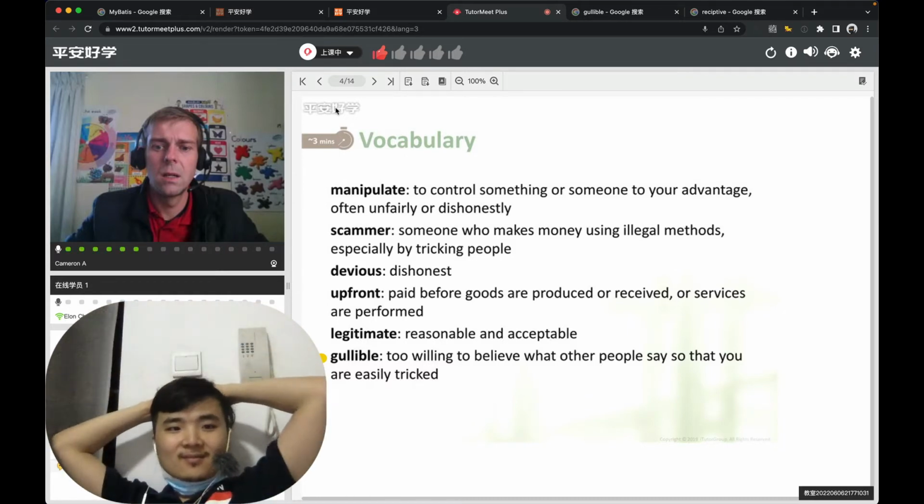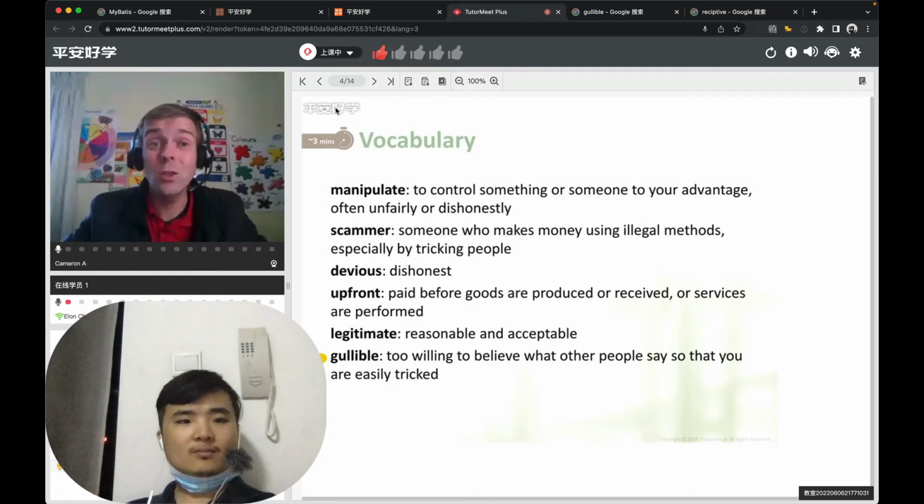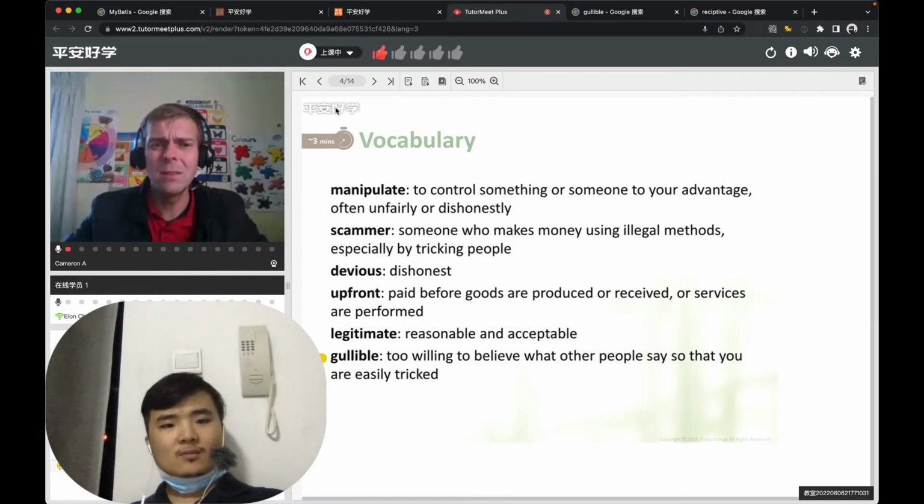You understand all of these words, Elon? Yes, so far so good. Okay. Have you ever met a person who is gullible? Yes, of course.